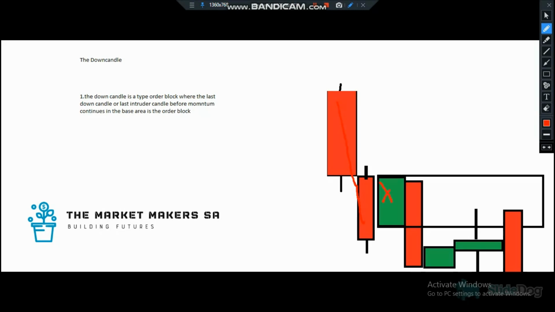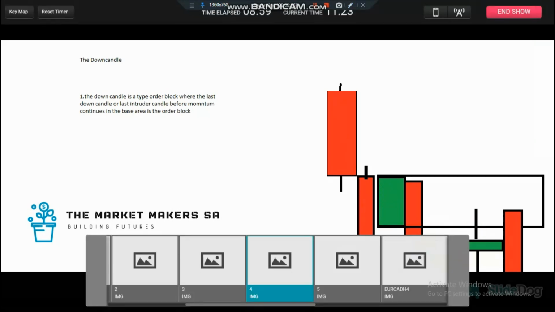This red candle officially becomes our down candle, making our order block much stronger. That becomes our base area. Then the drop, then a bit of retracement back up, and the market is gone. So that is the down candle, more or less. It's very effective to find on your charts.